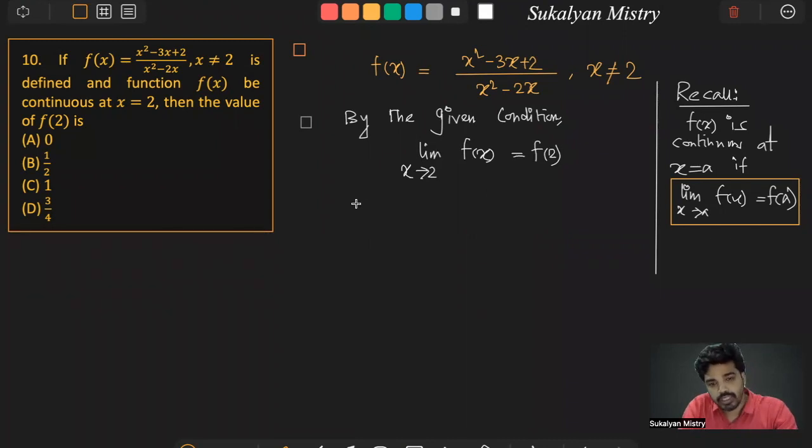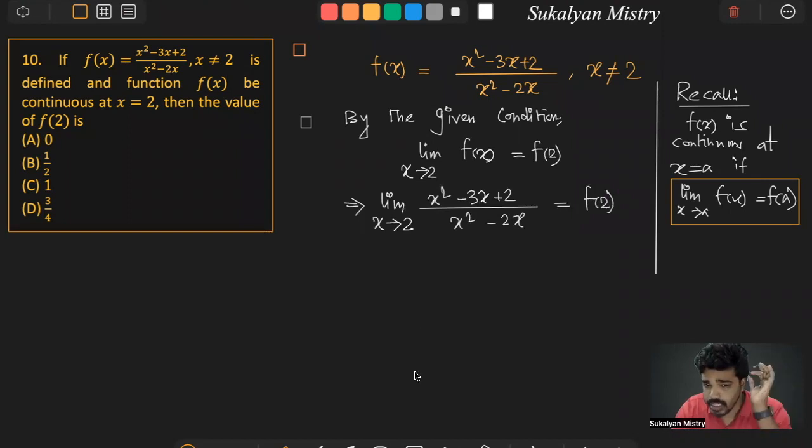So this implies limit x tending to 2, f(x) is given x square minus 3x plus 2 divided by x square minus 2x, equal to f(2). এবার দেখো যখন আমি x is equal to 2 put করছি, that is 2 square minus 6 plus 2, so 4 plus 2 is 6 minus 6, that is 0. 4 minus 4, that is also 0.